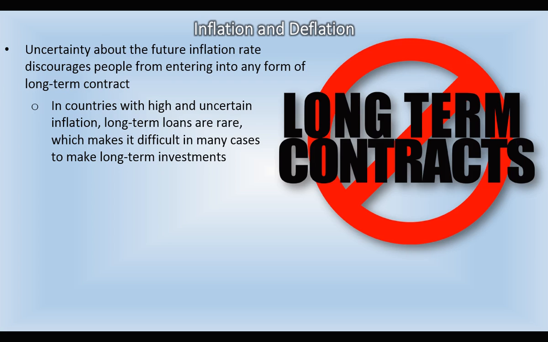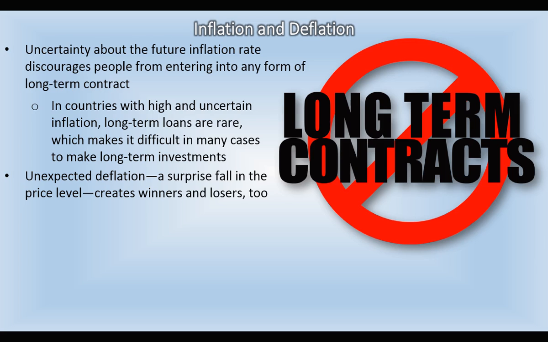Oftentimes that investment is financed by the savings of folks. These arrangements are set up in long-term contracts, but if the contracts aren't entered into because of inflation and the unstable nature of the actual value of what's being transacted, then that cuts off investment and that can hurt the economy.